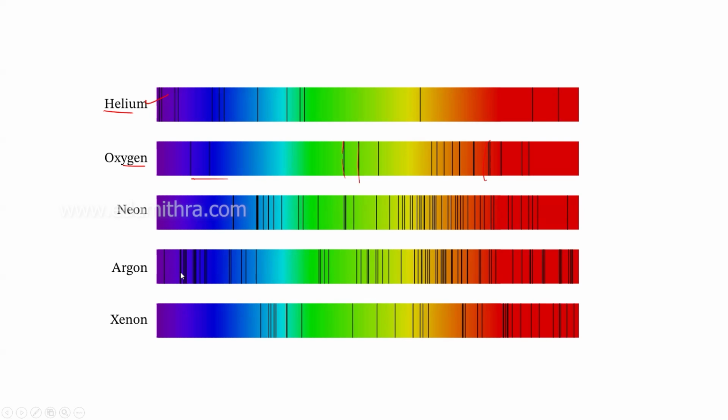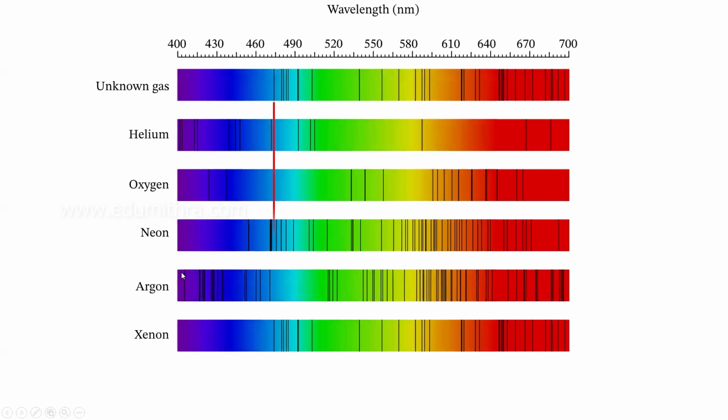Now the idea is just to compare it with something. Let's say we got an unknown gas. Some light passed through an unknown gas, and we don't know the name of that gas. We have to find out what this gas is. We already have helium, oxygen and the others, so we will compare it one by one.